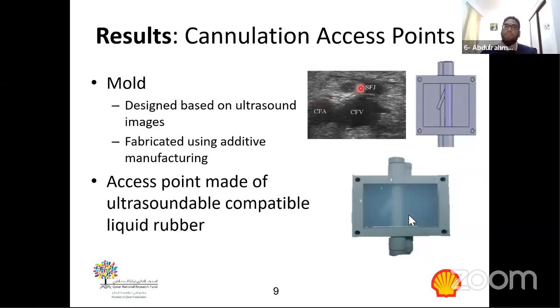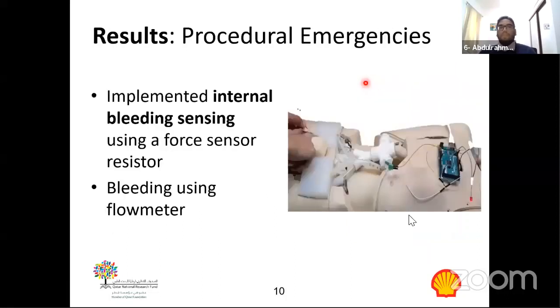After we made the mold, we poured in an ultrasoundable material, EcoFlex, in order to emulate the human touch and to make the material see-through with ultrasound, which is the guiding method in cannulation usually.